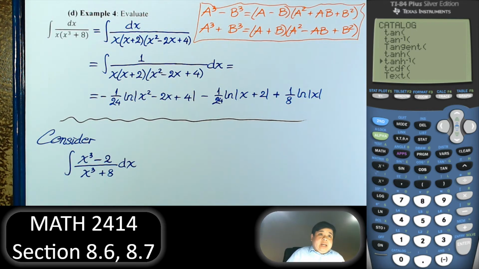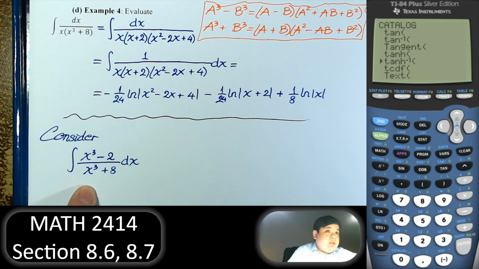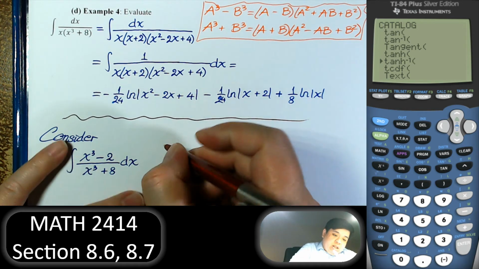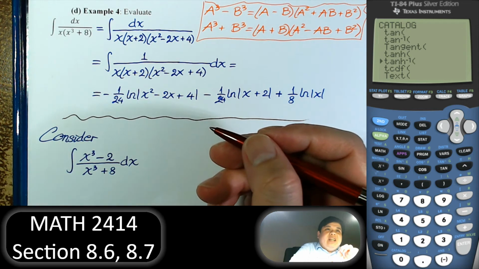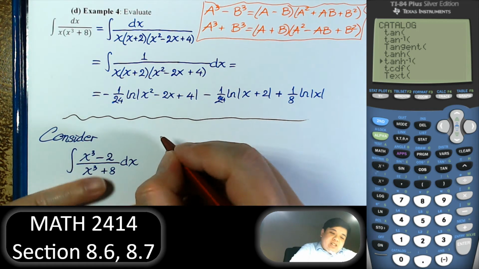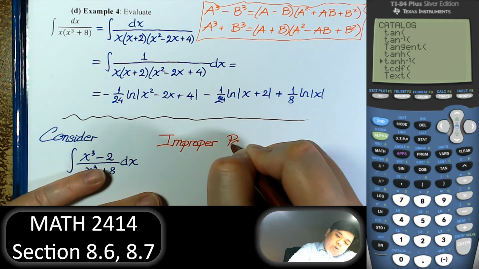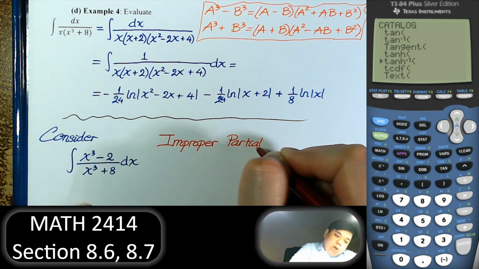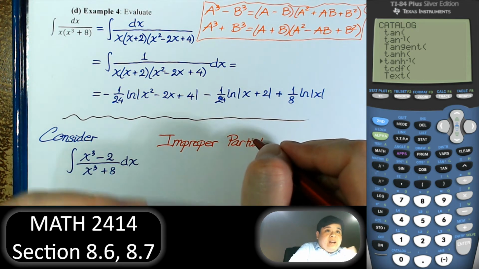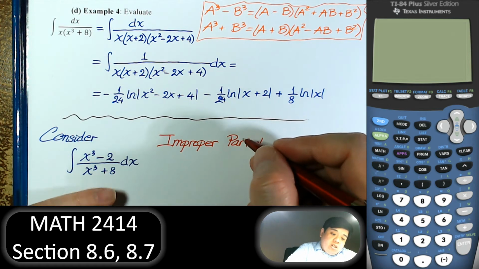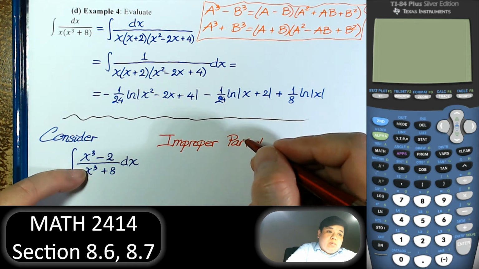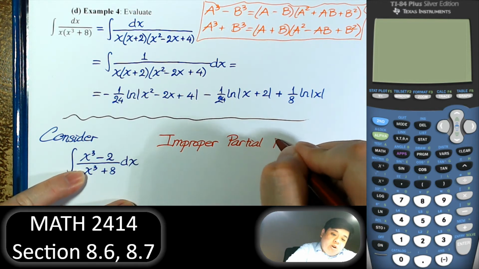In real life sometimes we might have something like this where the degree on top is greater than the bottom. In this case we call it improper partial fraction. We could have x to the 4th or any higher degree, as long as the degree on top is greater than or equal to the bottom. That is improper partial fraction.